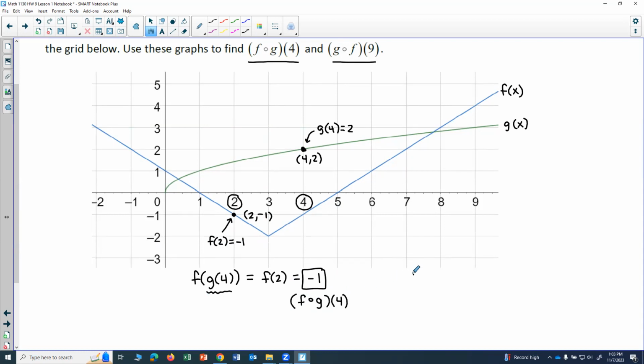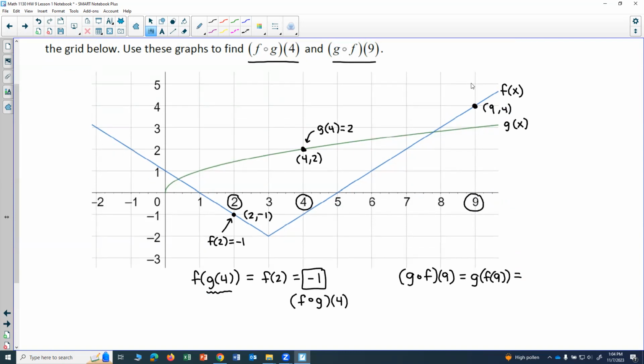Now the other one I want is g of f of 9. And so that will be g parentheses f of 9. And so I want to find f of 9 first. So I go to where x equals 9. f is my absolute value function, so I go up to the blue function. This is the ordered pair 9, and the y value is 4, so 9, 4.